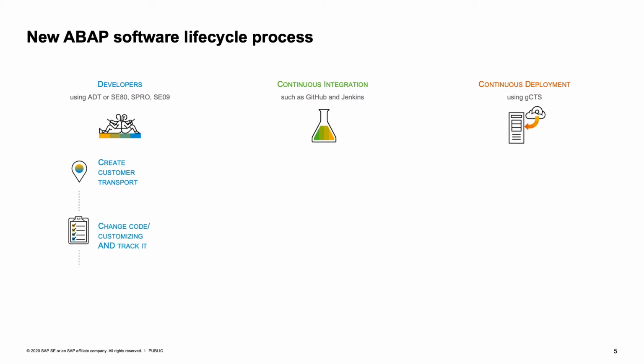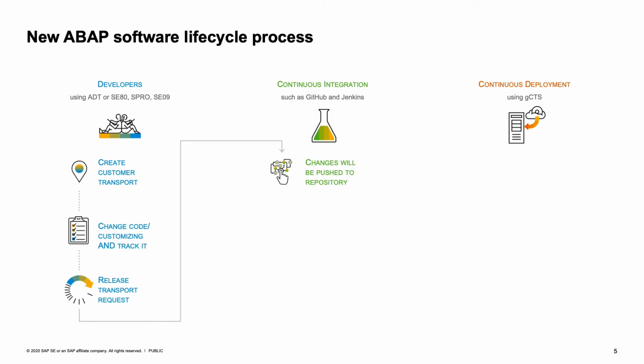It can be coding, and that's new in the newest release. He can also use customizing or customizing transport requests and track the changes in these transport requests. After he finished his development, he can release the transport request. So up to now, you can see no difference in how developers work. But what you can do now when you release the transport request is you can push stuff to a repository on the Git side.